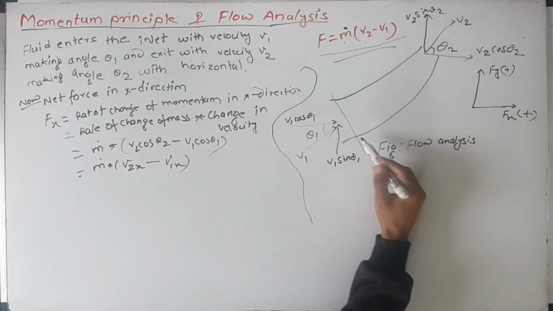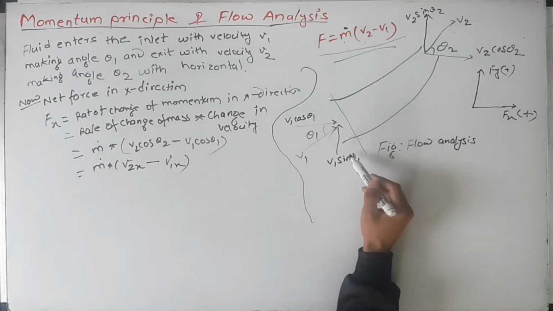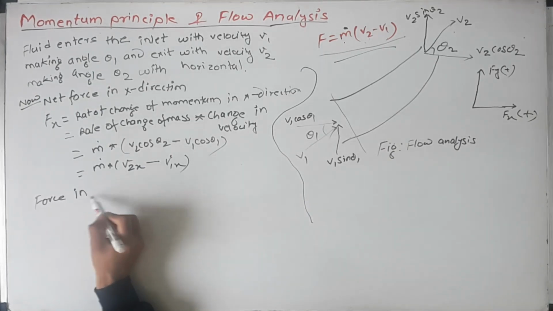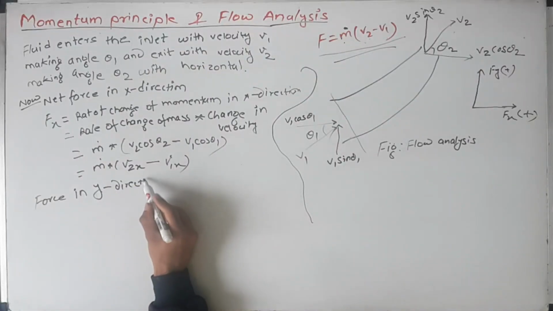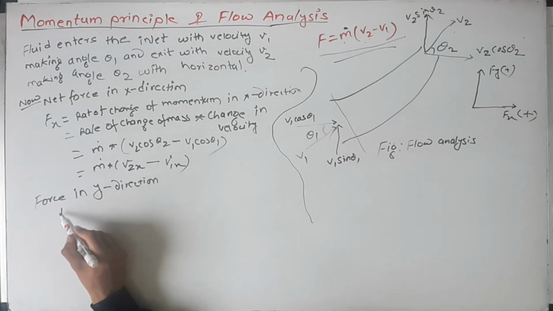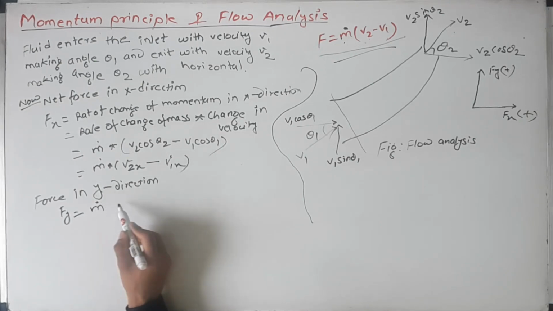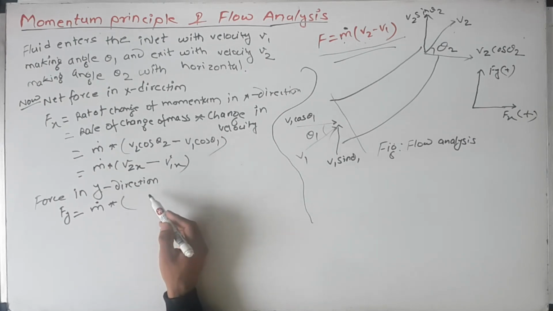Similarly, we can calculate the net force in the vertical direction, the y direction. Let this be Fy equal to m dot, the change in mass, into the change in velocity in y direction.